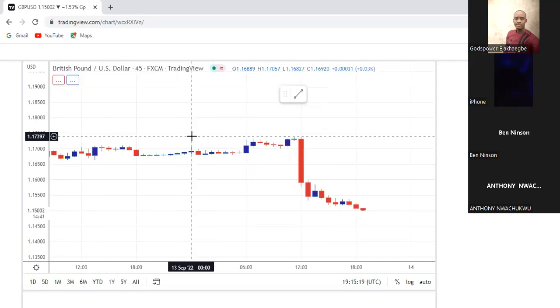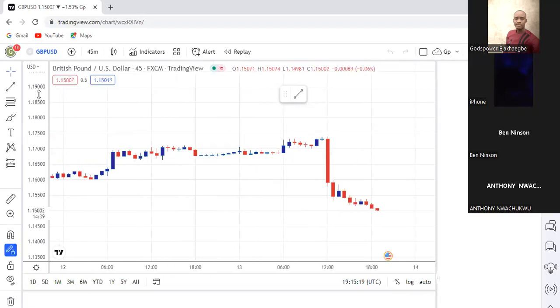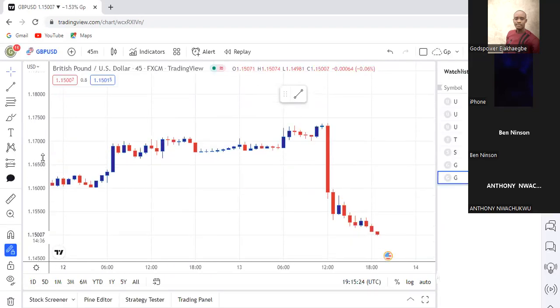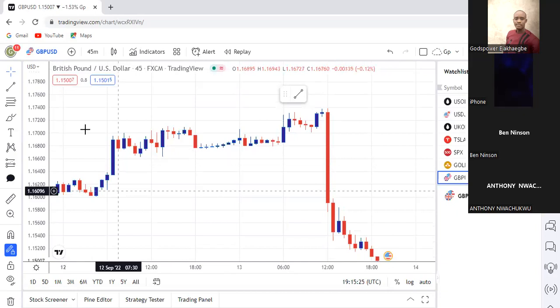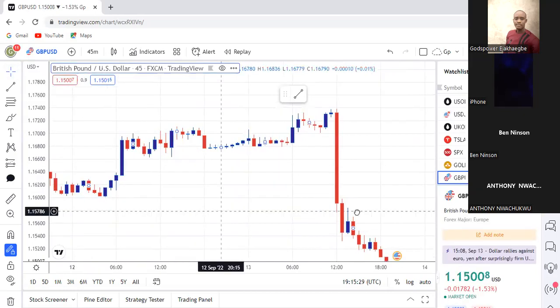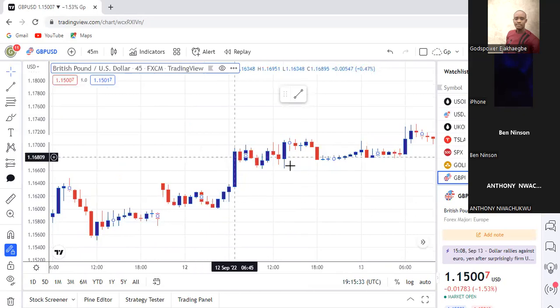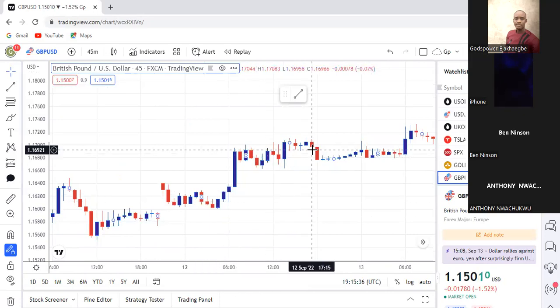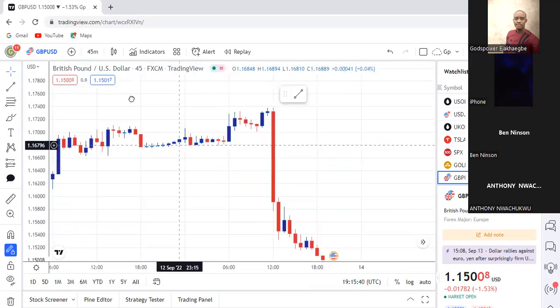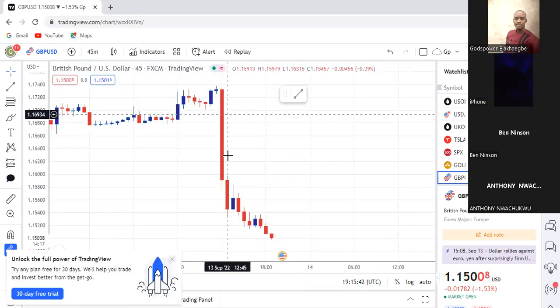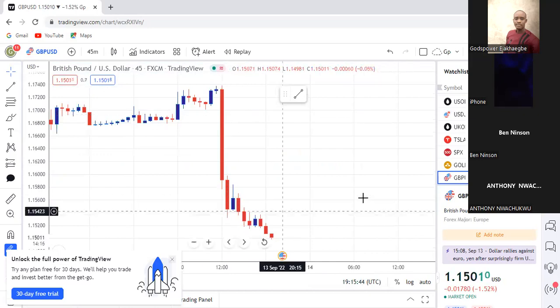Can you see? You will notice something that is blue and red. These are called candles. The blue one is an indication of a buy. It is going up. And the red one you see coming down is an indication of a sell. You can see the massive sell that went down.